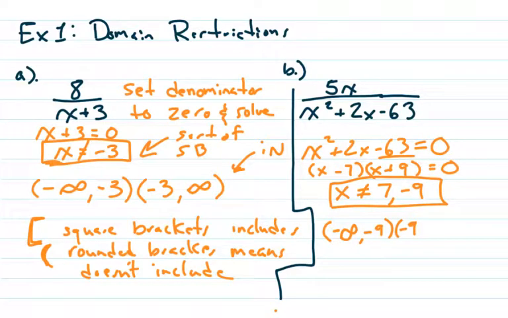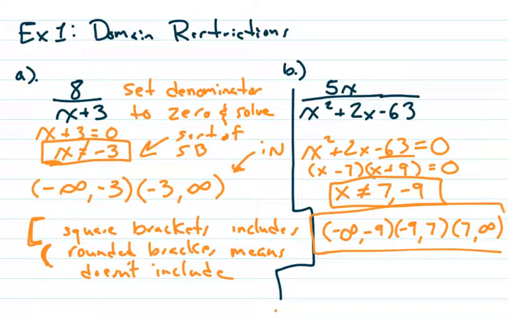Negative 9 to 7, not including 7. And 7 to positive infinity. So this is our interval notation of the domain. It's our domain, actually, and it's not including our domain restrictions.